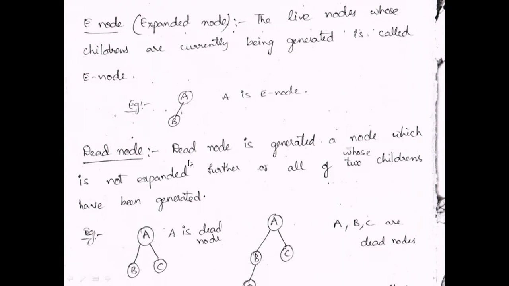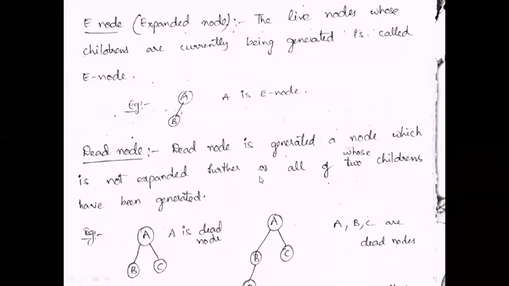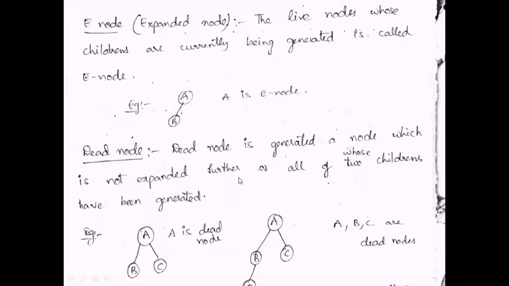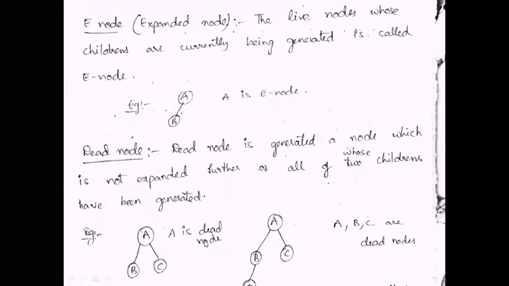Next, dead node. A dead node is generally a node which is not expanded further, or for which all of its children have been generated. Suppose A node has only two children.